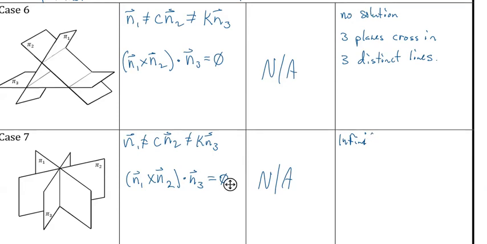And the solution is a line, obviously. And if you were asked to solve, then you would have to find the equation of that line. But again, we're going to do that tomorrow.